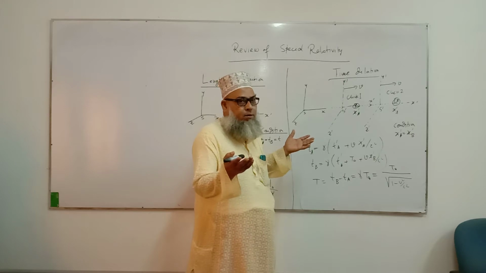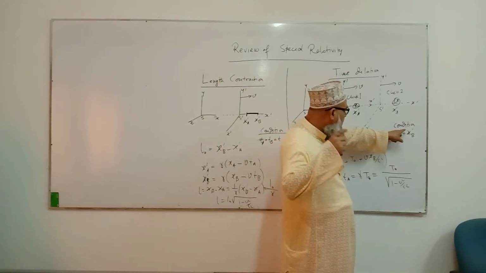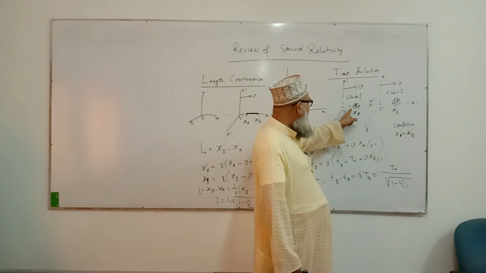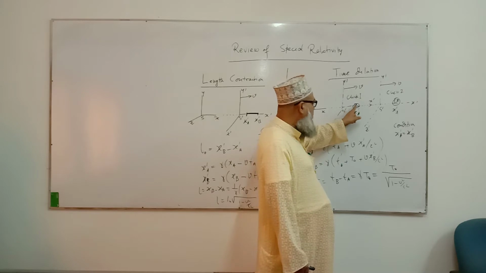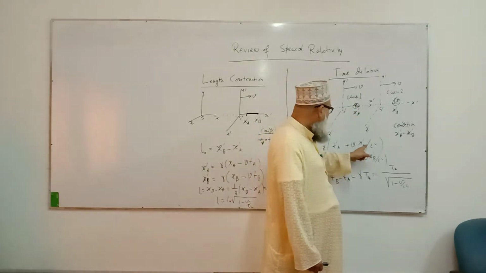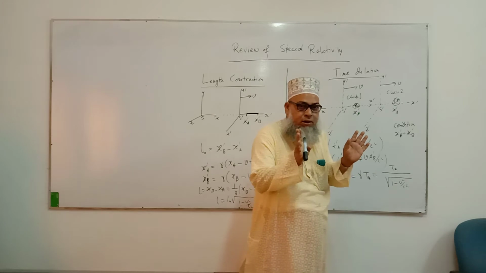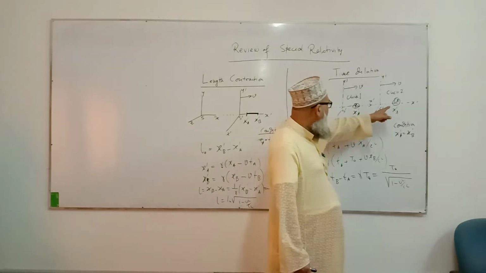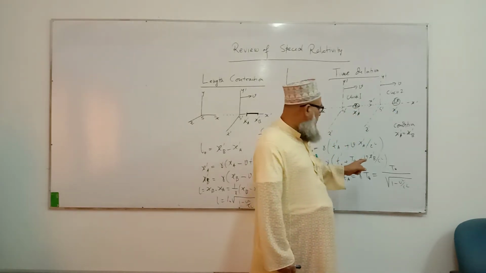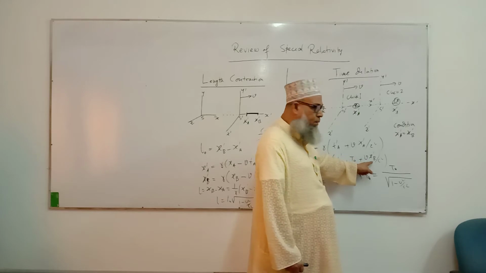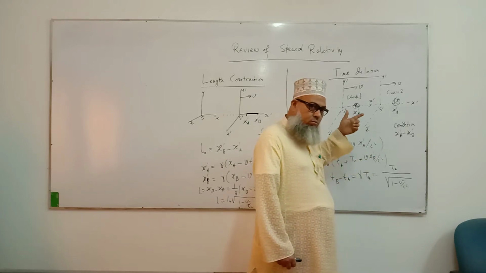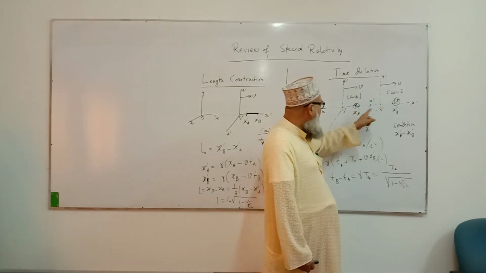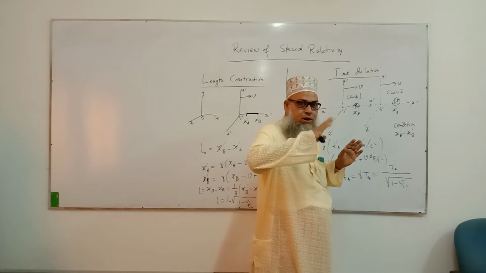There is no other way because we have to implement the condition x prime equals x prime, because in the S prime frame the clock is at rest at x prime. So x prime cannot be two things. Although we have written x prime here following the Lorentz transformation, in actual reality x prime is the same, the clock's position.